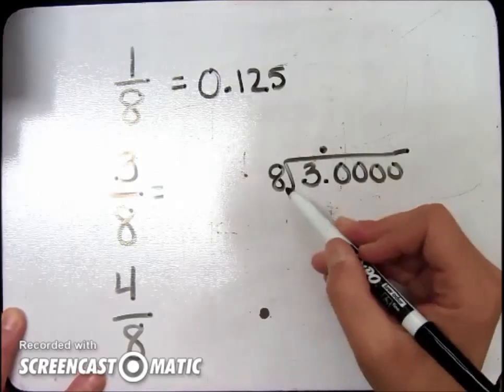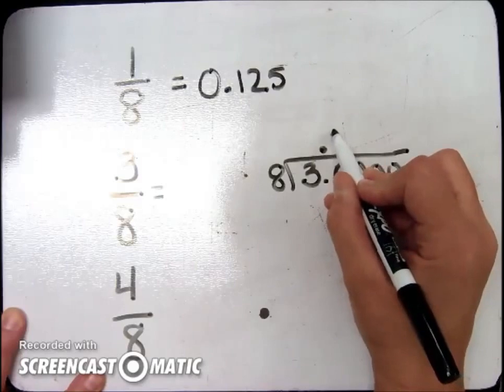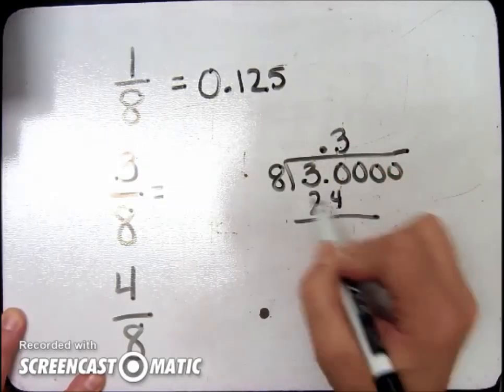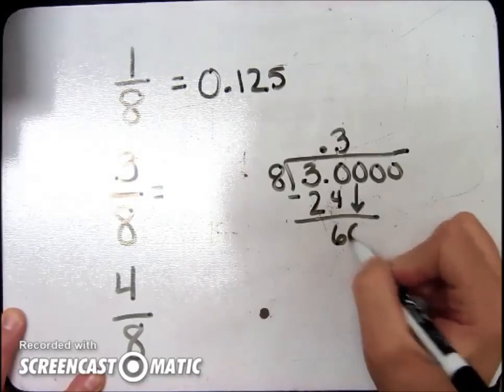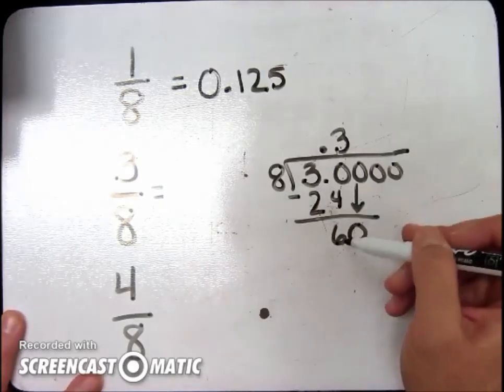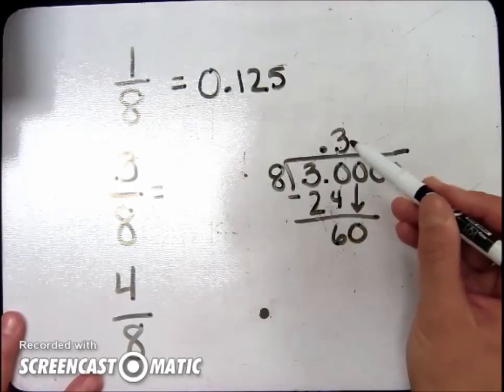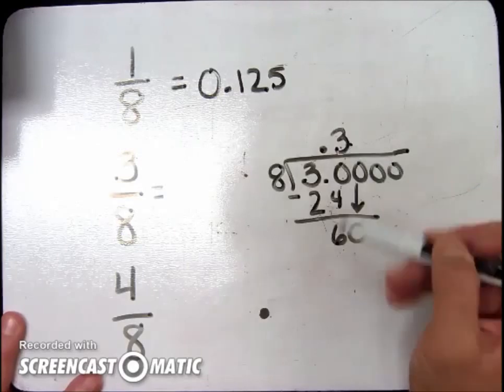And I ask myself, something times 8 is 30. Well, I know 3 times 8 is 24. So I subtract, and I get 6, and bring down 0. If you ever subtract and get a number bigger than your divisor, then you must not have picked a big enough number to multiply by. So I get something smaller than 8.